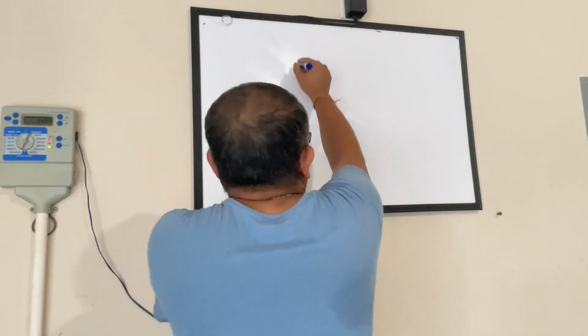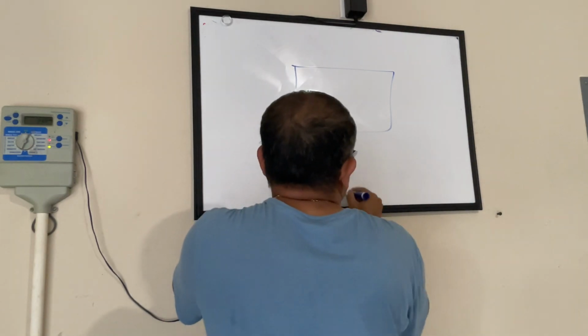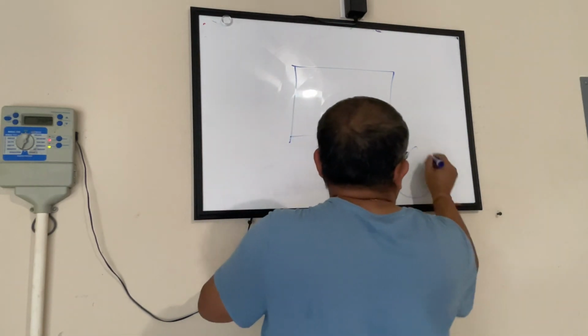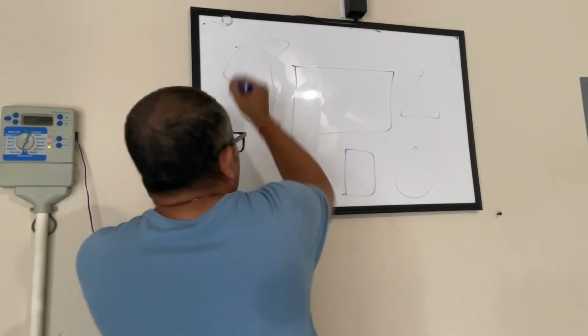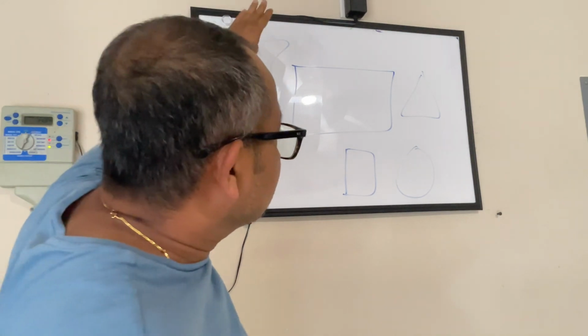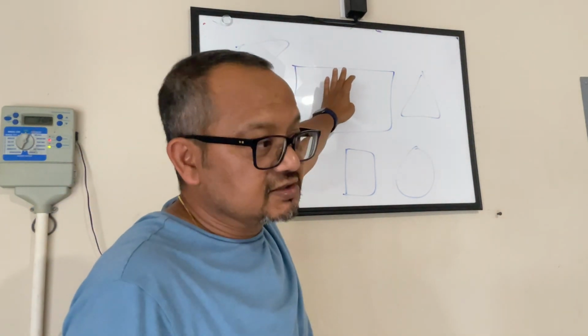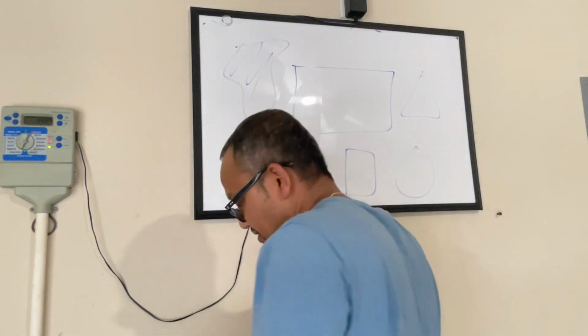Yes. So if you look at any shape, be it a rectangle, square, circle, triangle, any shape, the area of that shape is the space inside the shape or the space taken by this guy.